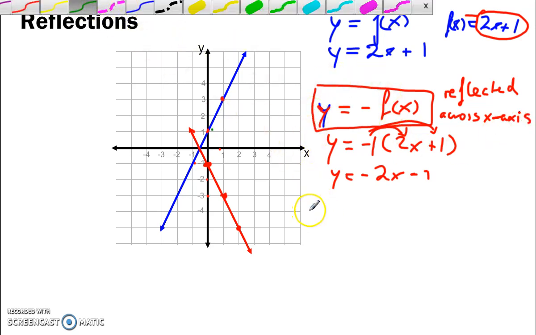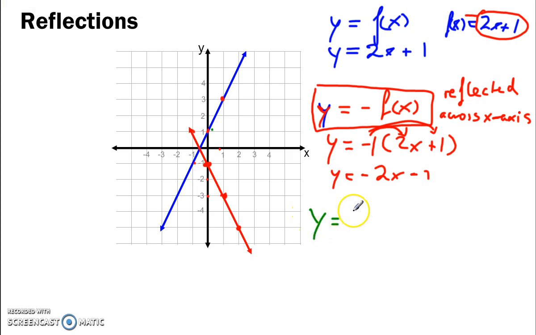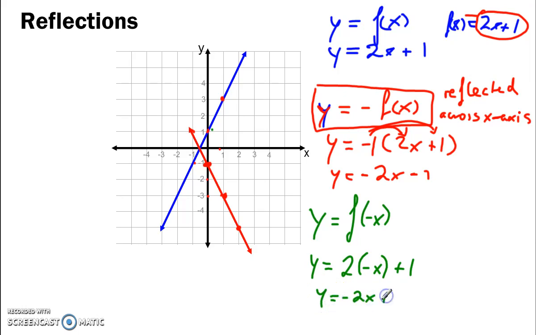And finally, y equals f of negative x. So we're negating the input, not the whole function. If we go up here, the only thing that changes is the x. So y equals 2, and then the x is going to be negative x, plus 1. 2 times negative x is negative 2x plus 1.